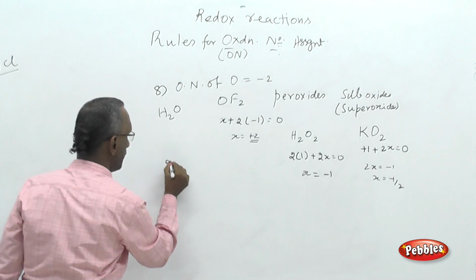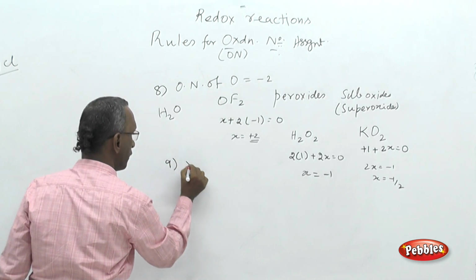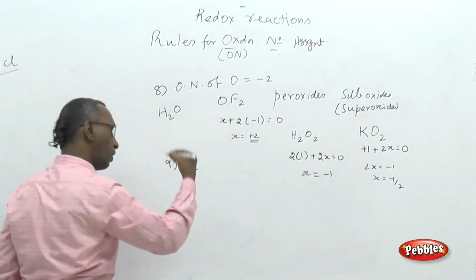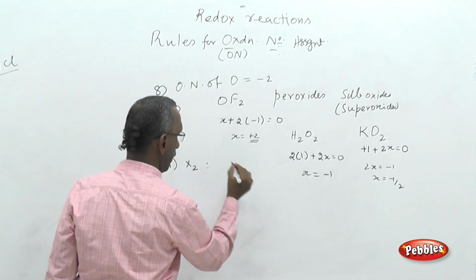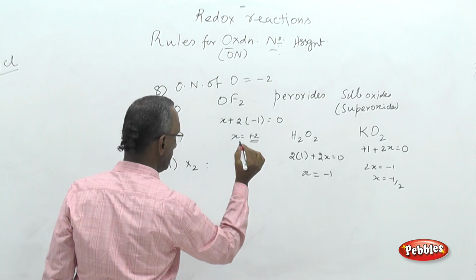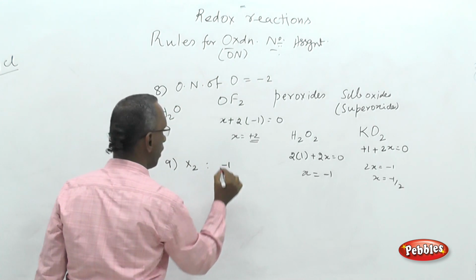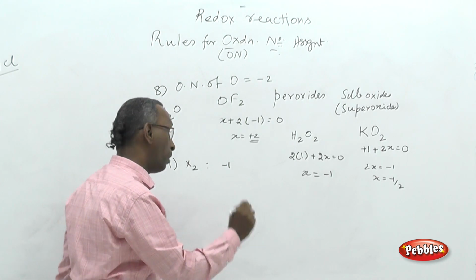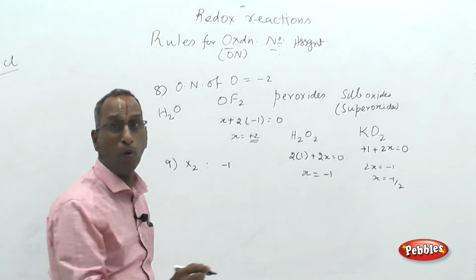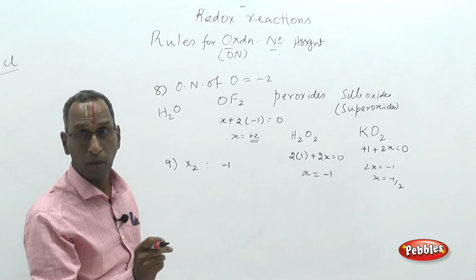Next is about halogens, which you have already discussed only for fluorine. For all halogens, it is minus 1. Fluoride, chloride, bromide, halide. So the halogen oxidation state is minus 1 in the halides. But once again, there are some compounds called interhalogen compounds.